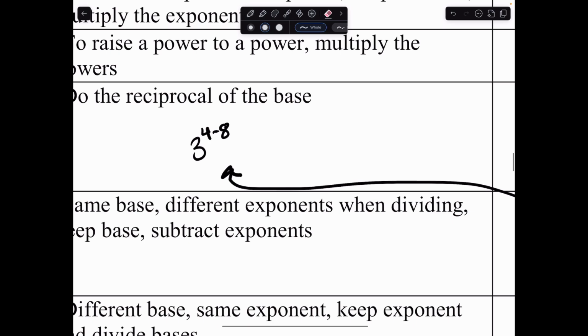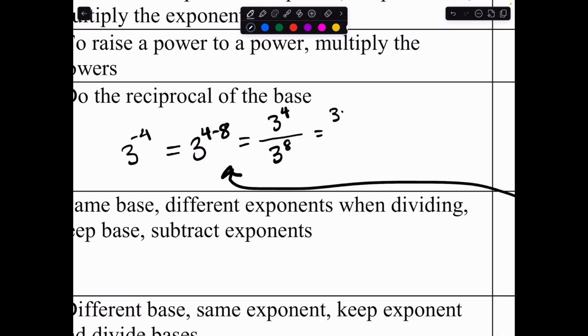According to our quotient rule, I should be able to subtract these. 4 minus 8, that's negative 4, right? But our quotient rule says this is 3 to the 4th over 3 to the 8th, right?